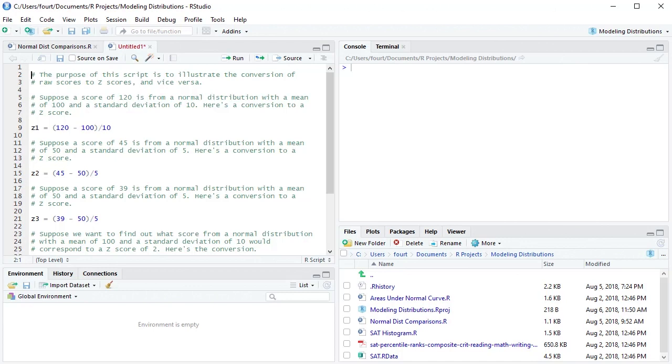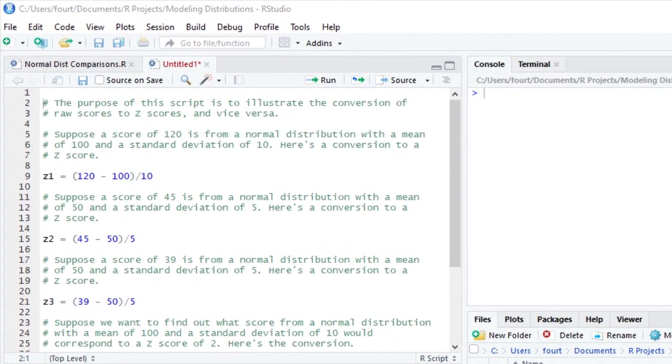This is a little script I wrote to illustrate the conversion of raw scores to z-scores. Suppose a score of 120 is from a normal distribution with a mean of 100 and a standard deviation of 10. Here's a conversion to a z-score. We subtract the mean of 100 from the score of 120. That's going to give us a deviation score of 20.